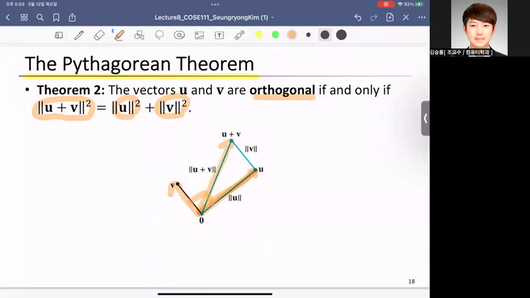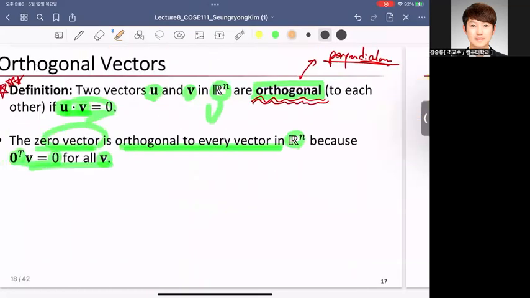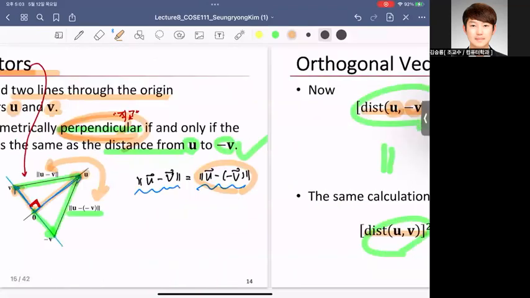Why? We can easily prove this one from here.